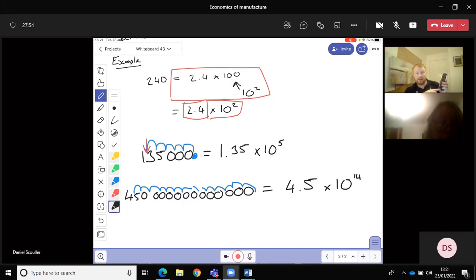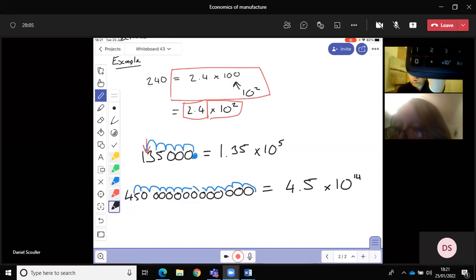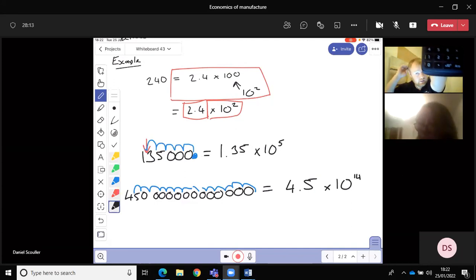So it's times 10 to the x. Sorry, what is it we're looking for, Daniel? A button that shows x 10 to the power of x. So effectively that's times 10 to the power of x.